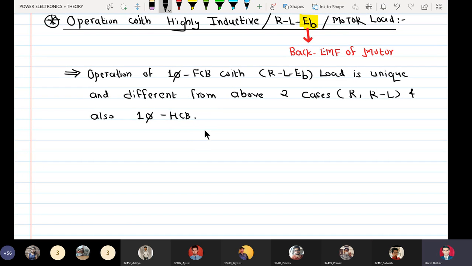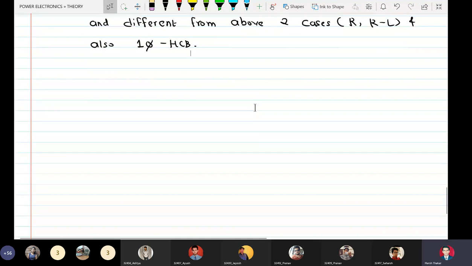Operation of single phase fully controlled bridge with RLEB load is unique and different from above two cases, that is R and RL loads, and also single phase half control bridge.